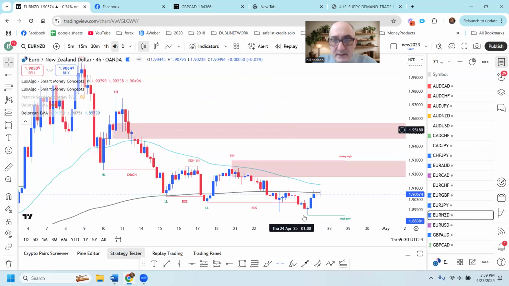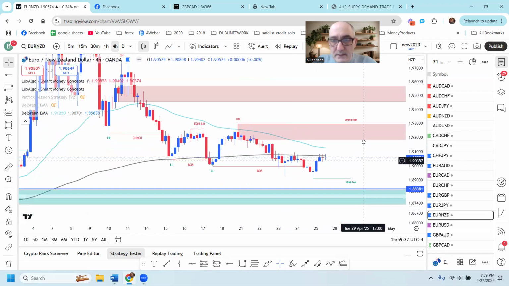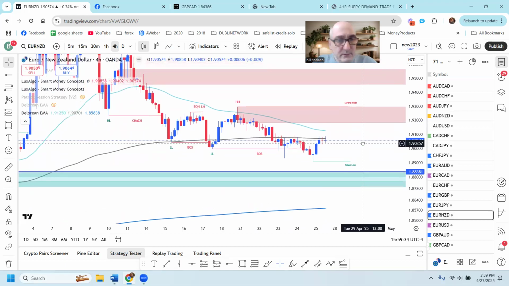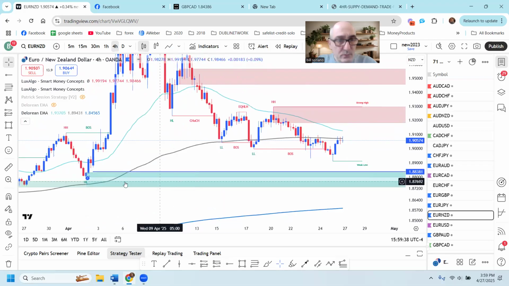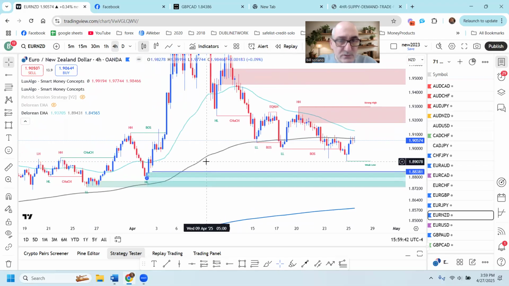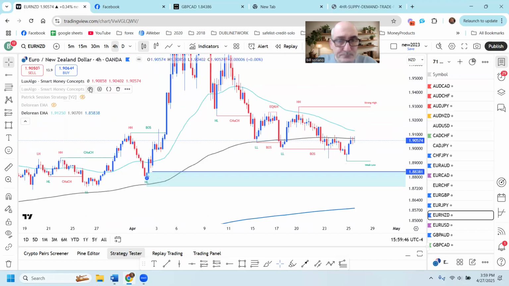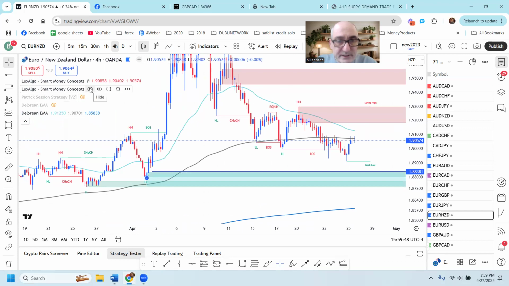EURNZD is also still bullish, and we're looking at this zone down here. If you look at this, you see there's two different zones.